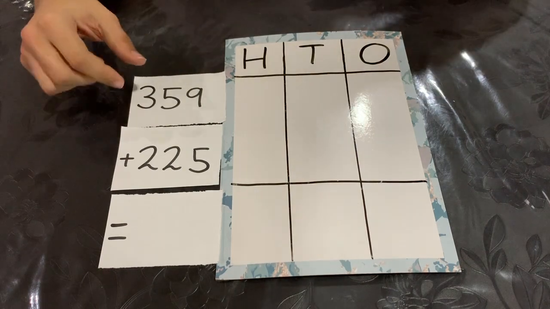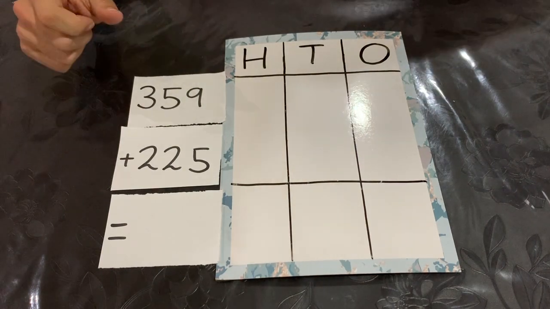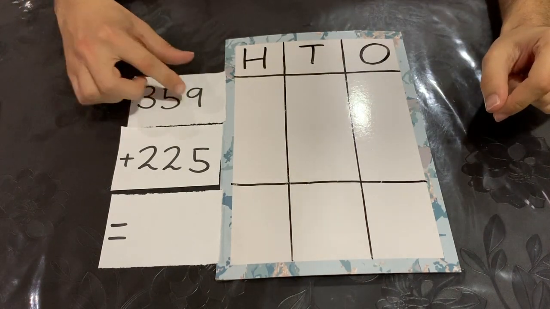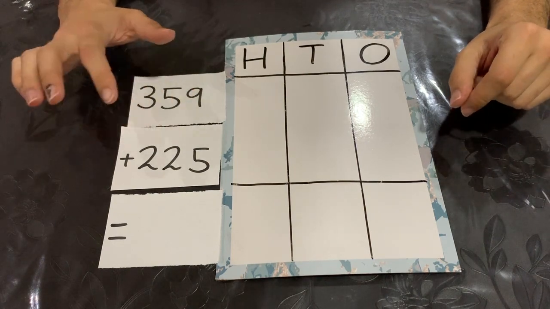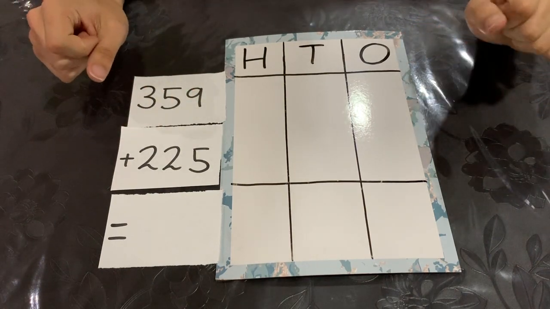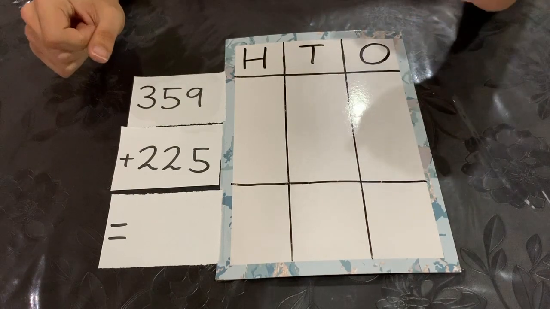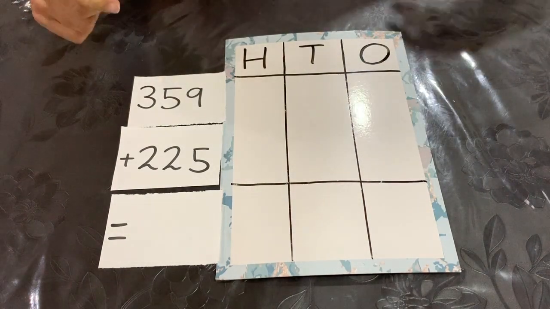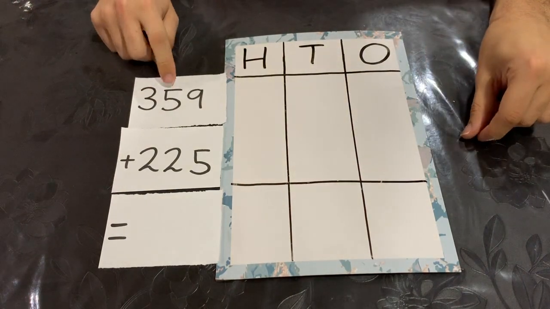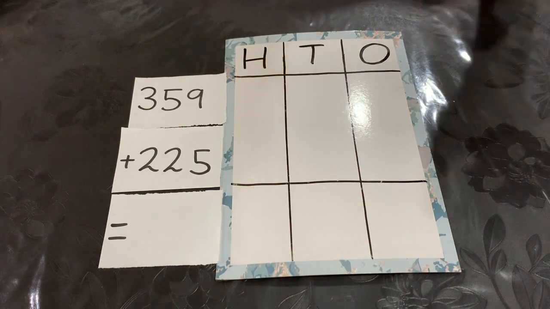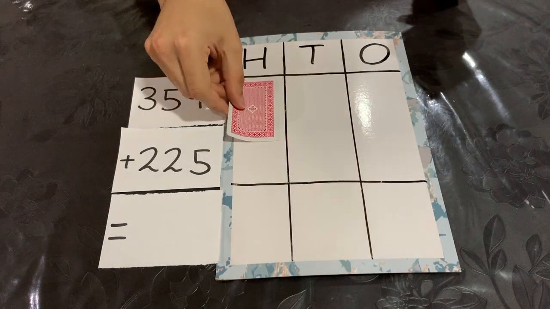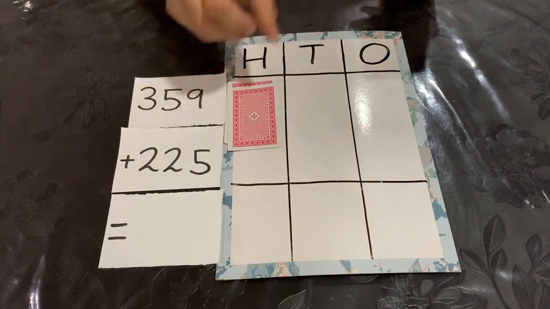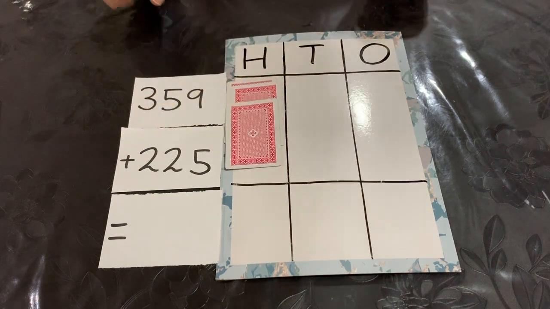Right, now we're going to do a 3-digit question. So we're going to have 359 plus 225, and we're going to have the same problem where we need to exchange some of our numbers. First thing we need to do is we need to get 359. So I'm going to get my hundreds first, and I need 3 of them. So I've got 100, 200, and 300.